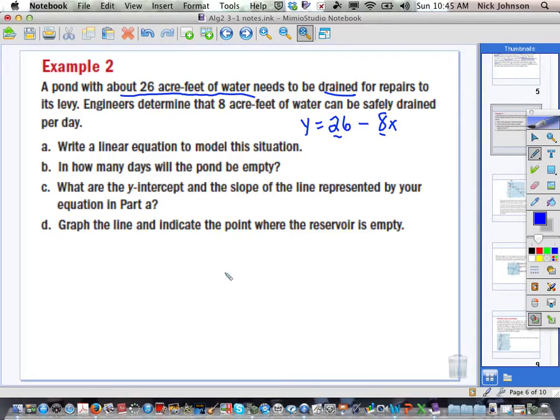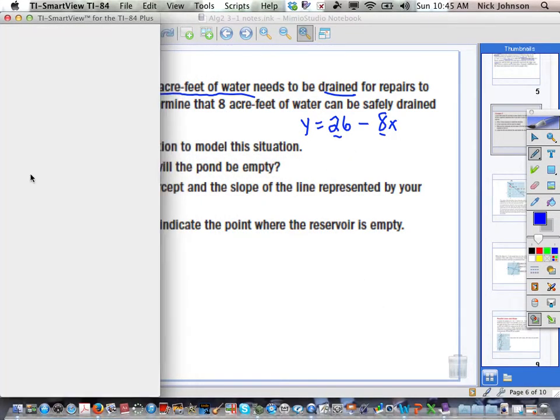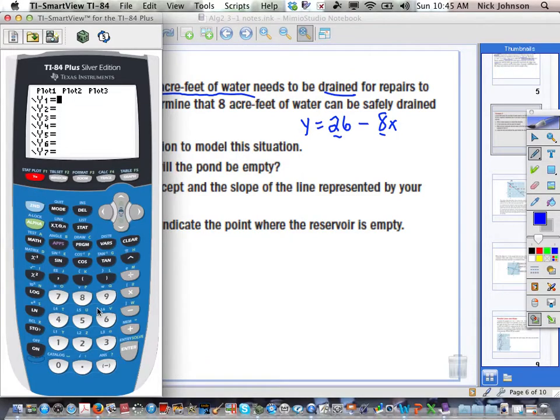And how many days will the pond be empty? Well, if the pond's empty, that means my y is 0. Or what I could do is put this on my calculator. So type in 26 minus 8x. I'm going to graph.